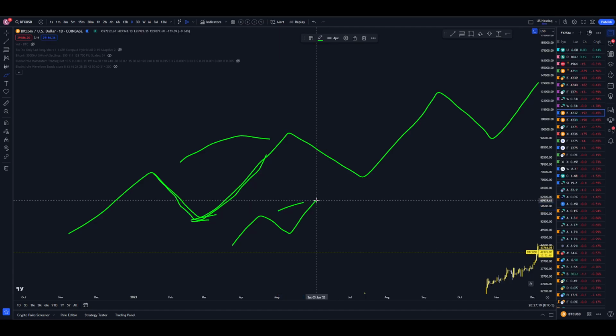Versus, say, we come and we make a higher low, and then without trend continuation, i.e. without a higher high above the previous one, let's say we make another higher low here, and then we push to a new high.